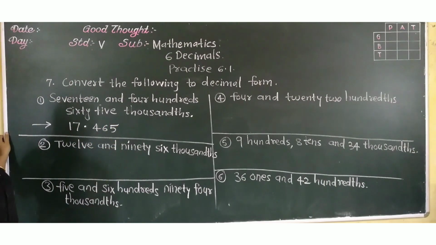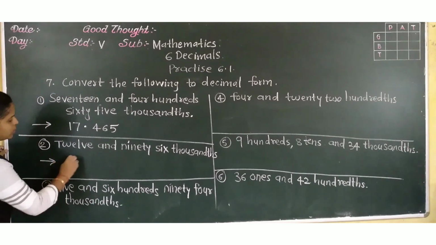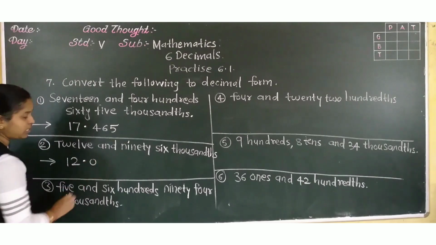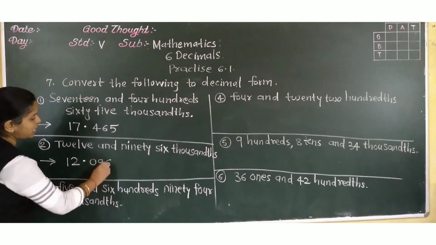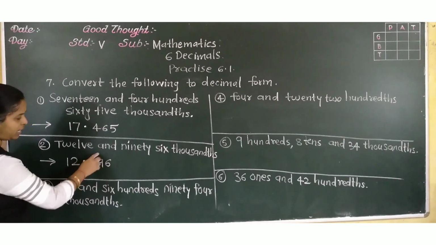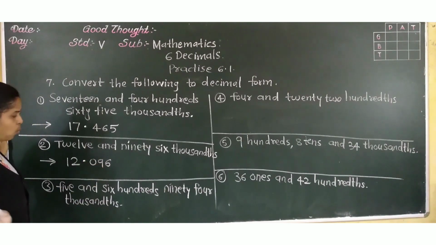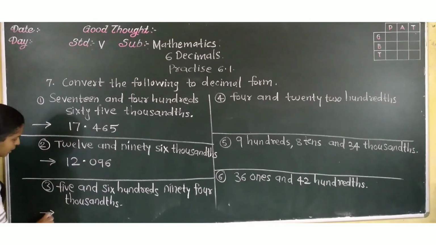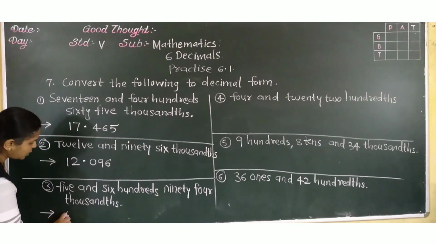Okay, that is 17.465. Next, 12 and 96 thousandths, that is 12.096. So the tenths place nothing is there. Directly 96. 6 is there at the thousandths place and 9 is there at the hundredths place, tenths place 0. So 12.096.